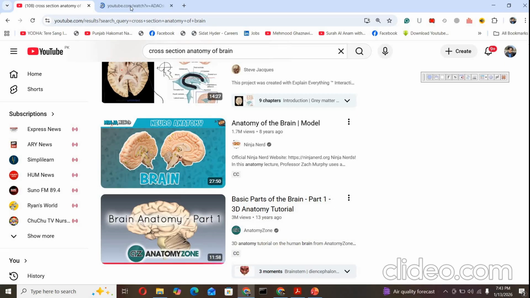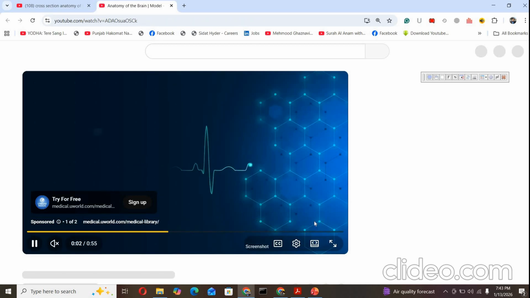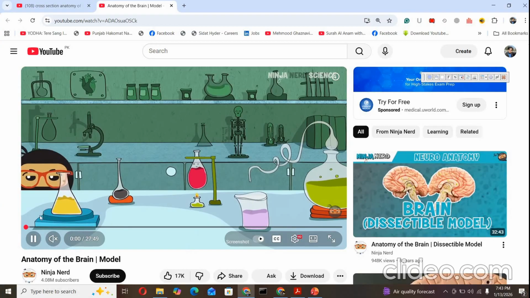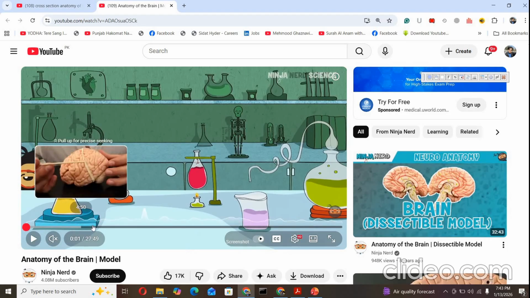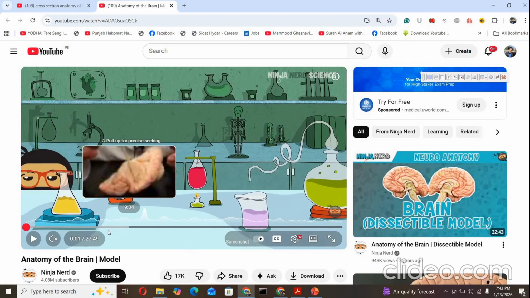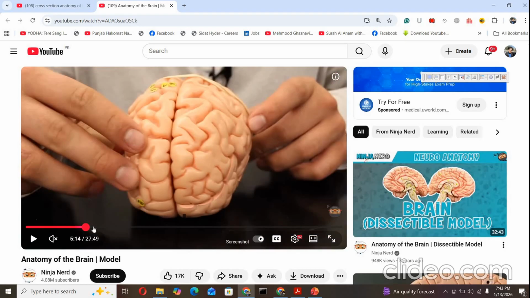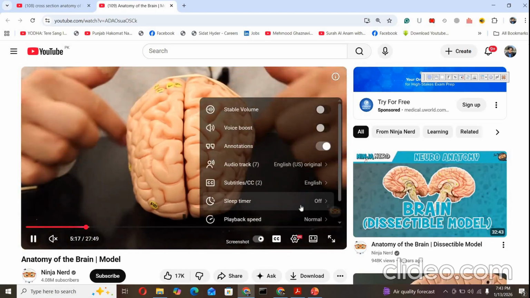Let's start the cross-section anatomy of the brain. So it is the basic view of the brain.